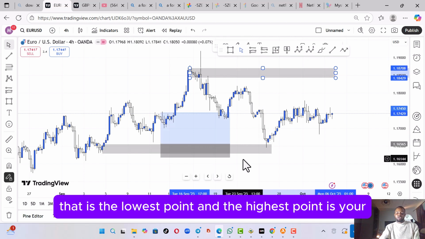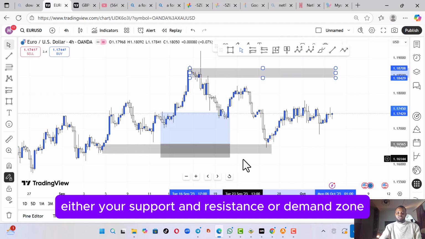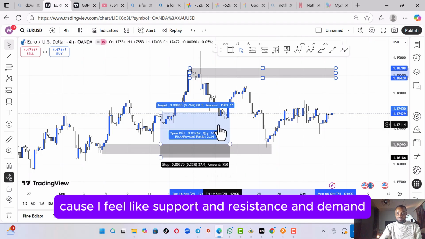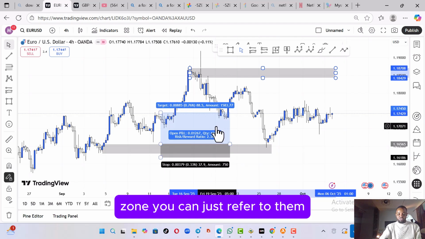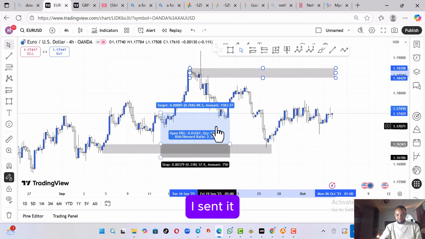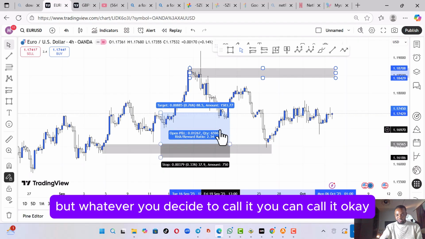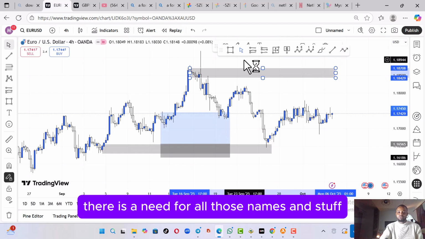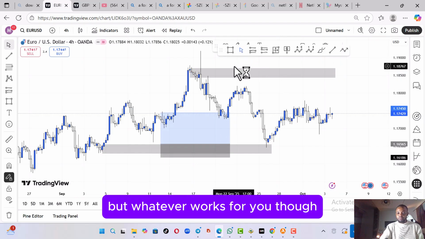That is the lowest point, and the highest point is either your support and resistance or demand zone, whatever you want to call it. Because I feel like support and resistance and demand zone, you can just refer to them as the same thing, but whatever you decide to call it, you can call it. Okay, I don't really feel there is a need for all those names and stuff, but whatever works for you though.